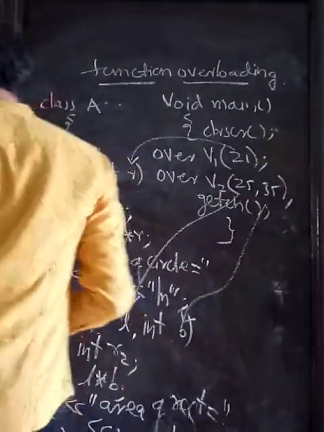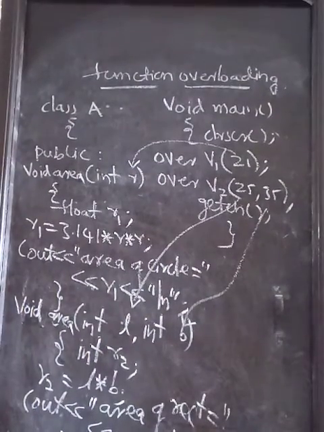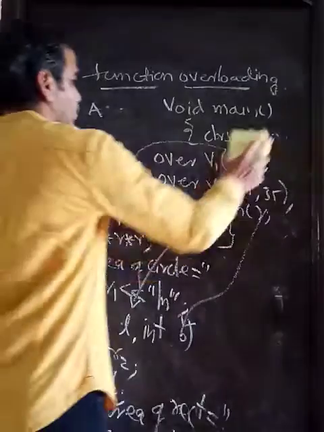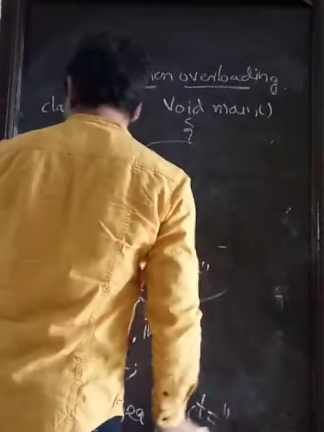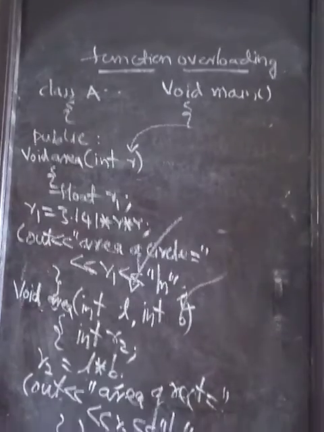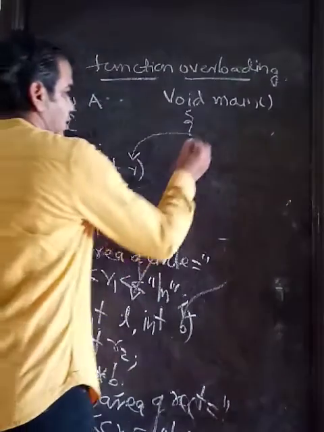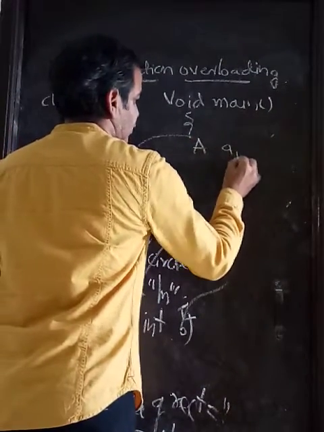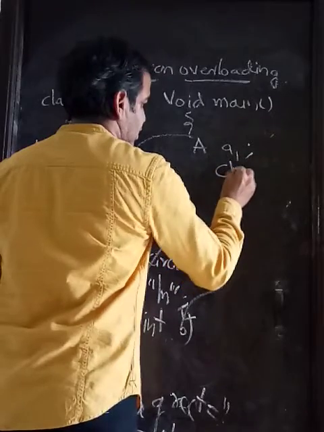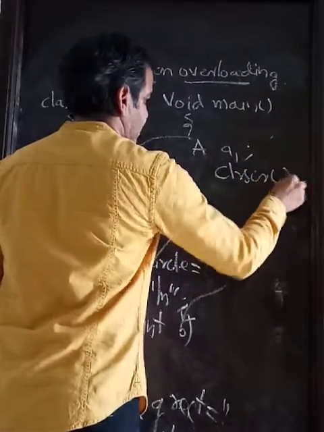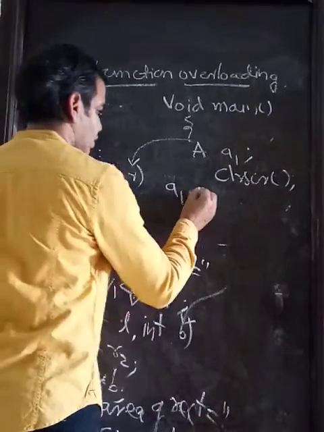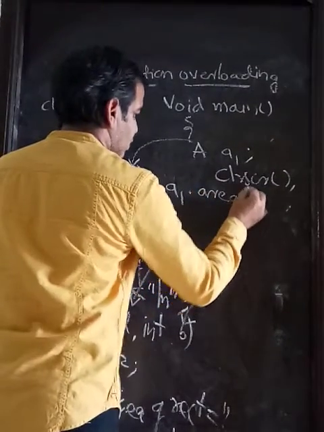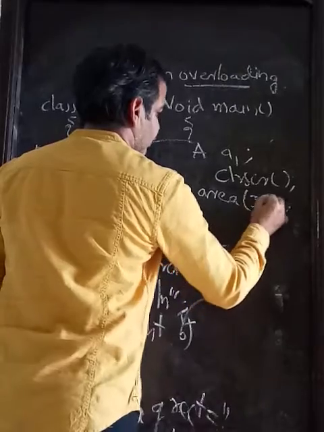So now I am changing the objects. See, the class name is A, so A1 is the object. Then A1 dot area, and here I am passing only 35.